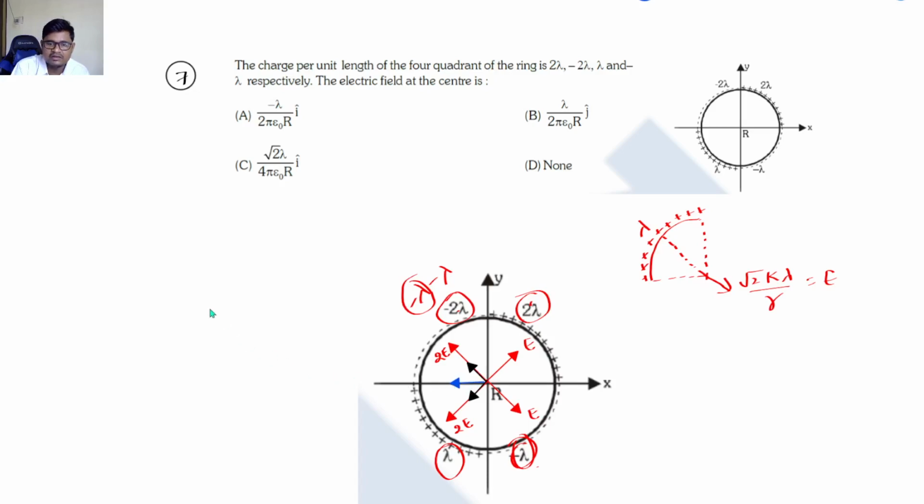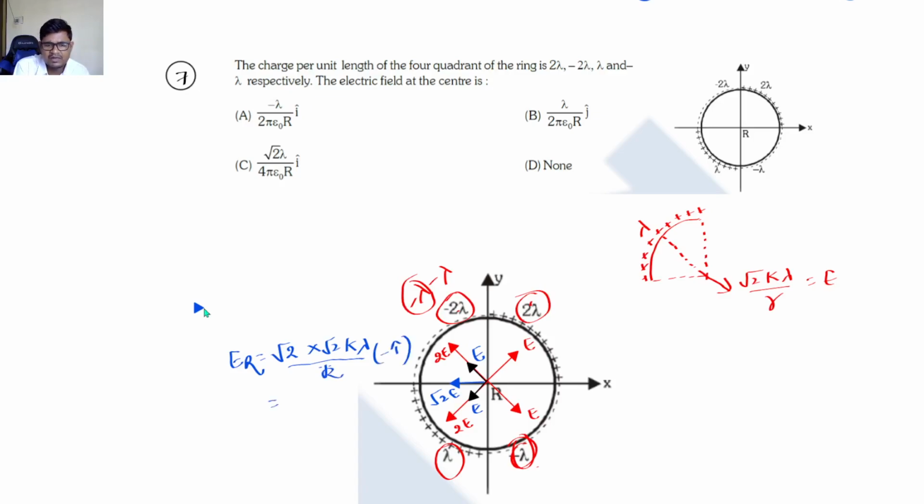Using vector addition, here I will say that this is E here, this is E here, and this is root 2 E. So the resultant, E resultant, will be root 2 times the E value, which I write as root 2 times root 2 k lambda by r, and the direction is minus i cap.